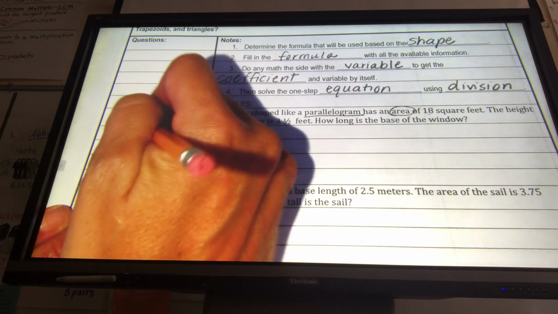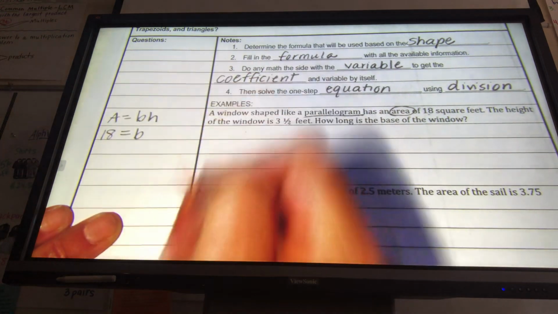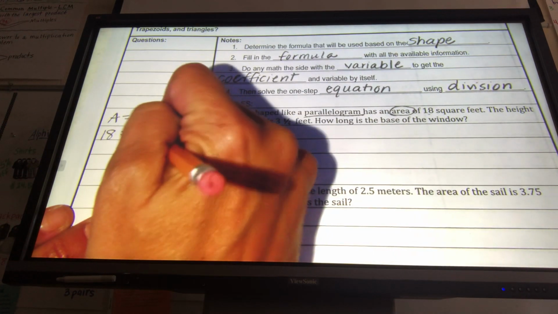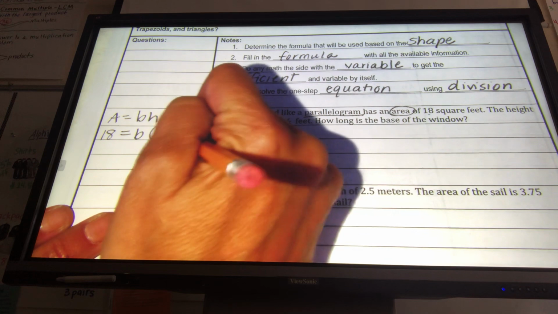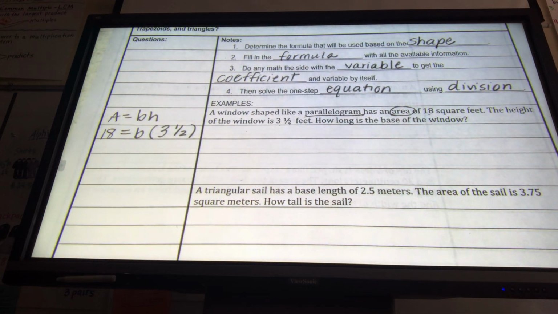And it says how long is the base? So we know that B is our variable. 3.5 is our height. So for this problem, I am looking for the base. Now you can rewrite the problem to make it look right to you.